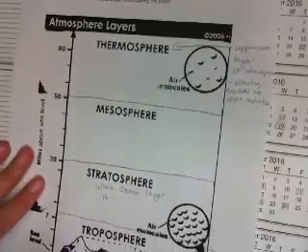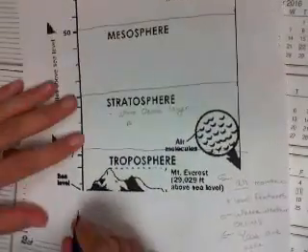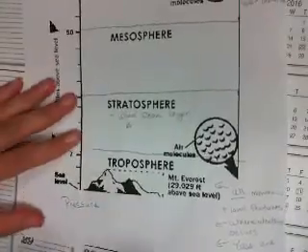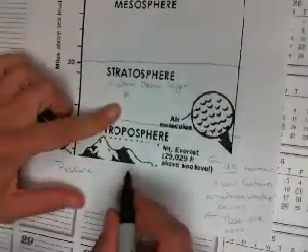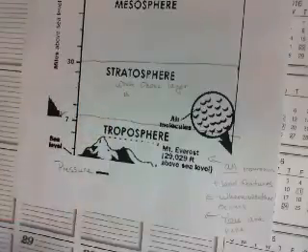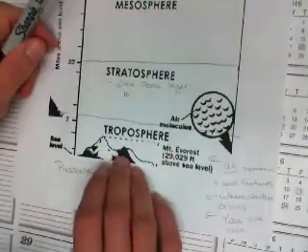So first, let's talk about pressure. Air pressure, we will indicate with this black marker here. Air pressure declines as we go up through the layers of the atmosphere.